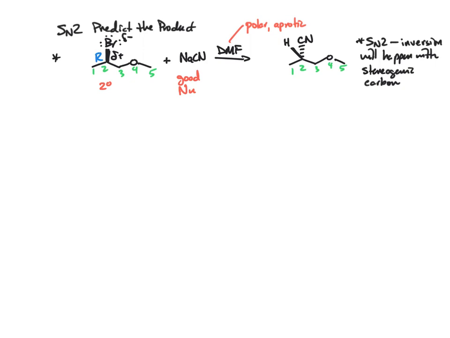So let's walk through it. Now carbon 2 in the product, what gets the highest priority and why? Maybe nitrogen. I think CN would get it.